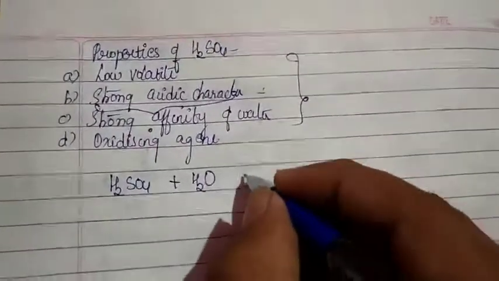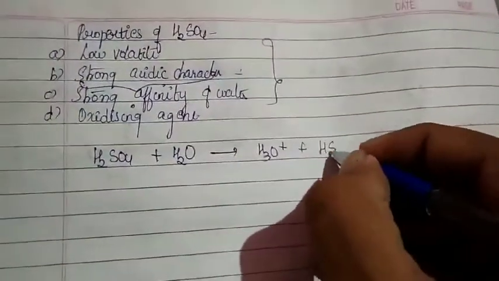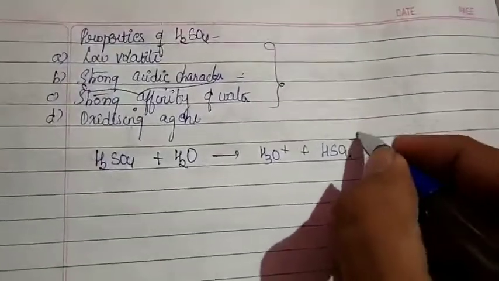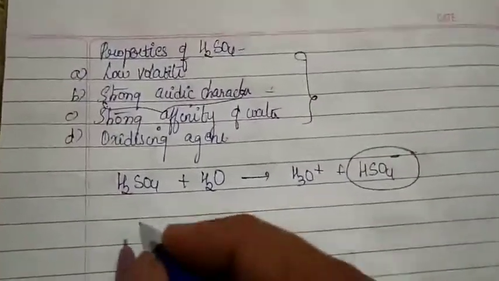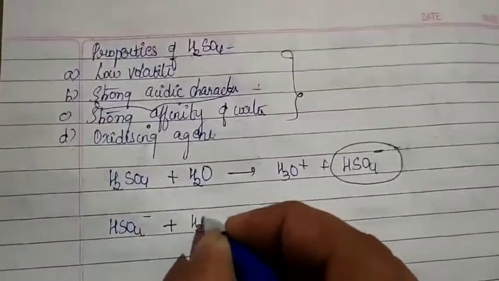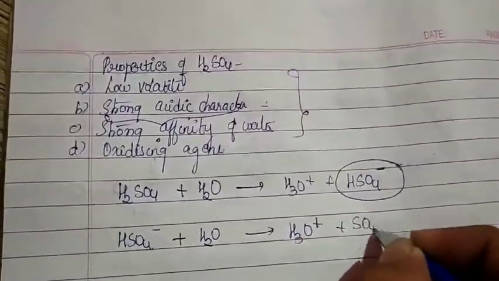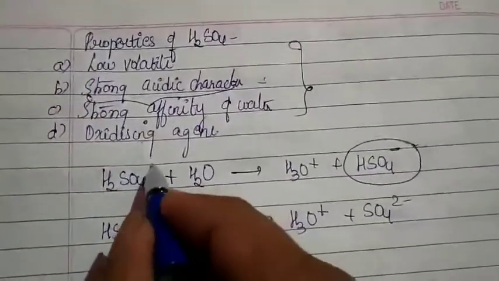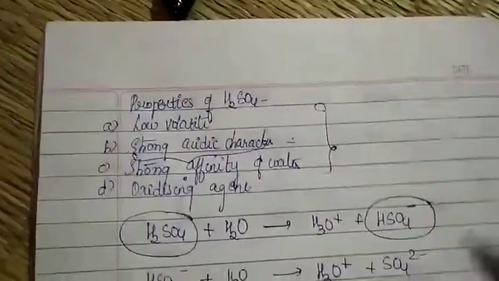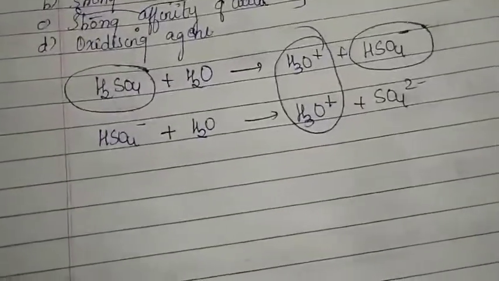First of all, it gives a hydronium ion along with HSO4 minus. This HSO4 minus does not remain as such; it reacts once again with water to give another hydronium ion plus a sulfate ion. You can see that 1 mole of sulfuric acid provides 2 moles of H plus. As the concentration of H plus increases, the acidic character of course also increases.